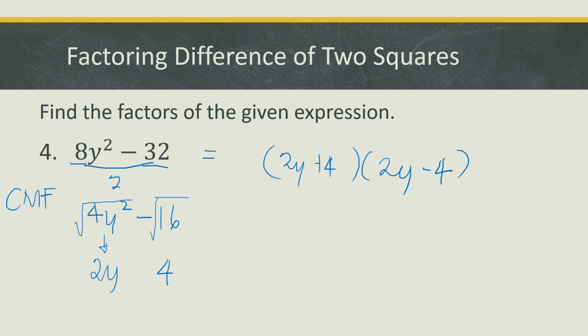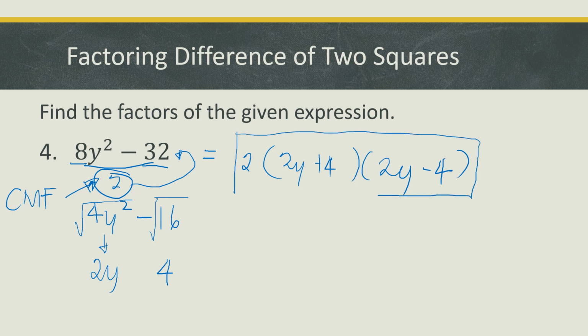But take note, 2 is also a factor of the given expression as it is our common monomial factor. So therefore, 2 is included as one of the factors of the given expression. So all in all, the factors of 8y squared minus 32 are 2, 2y plus 4, and 2y minus 4.